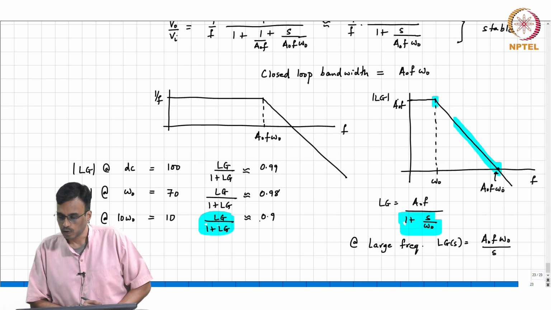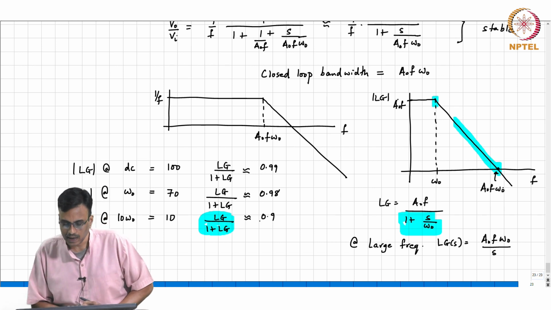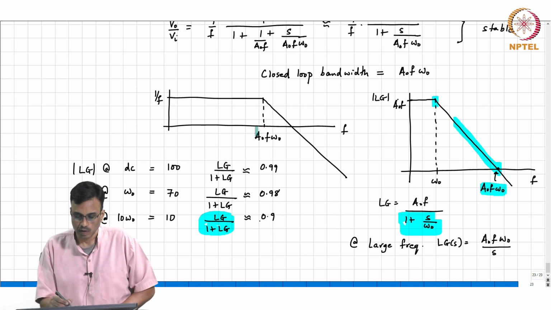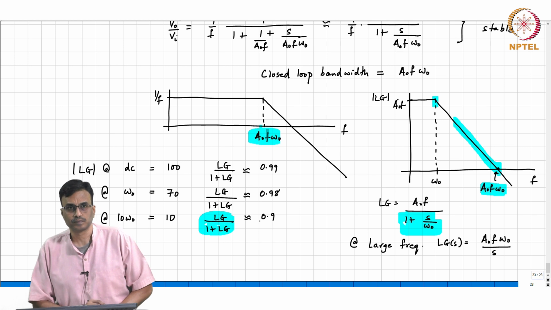So the unity gain frequency of the loop gain function also happens to be the closed loop bandwidth of the system, right?